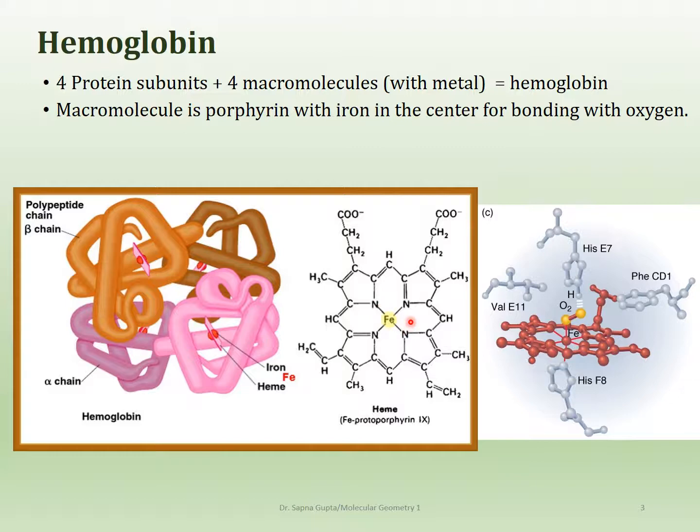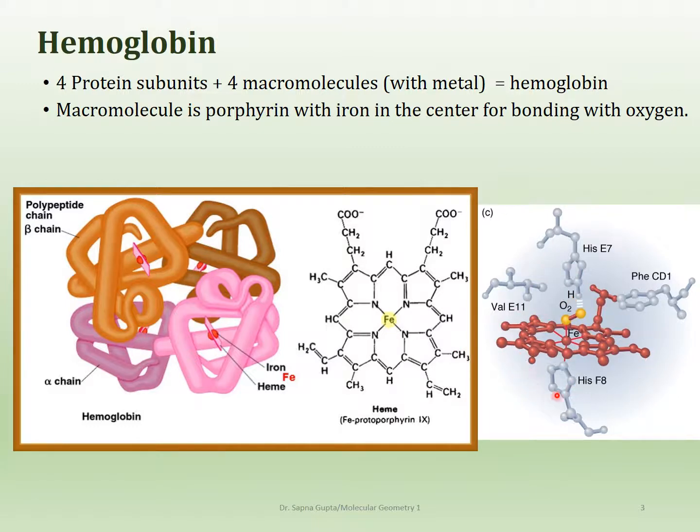Okay, and so for example, people who have anemia will have iron deficiency. Okay, and this is also important in carrying oxygen from place to place. Here is the heme that is kind of settled into the units. So the 4 subunits make up hemoglobin. Each of those subunits has a heme, and then each of those heme, of course, has the iron.